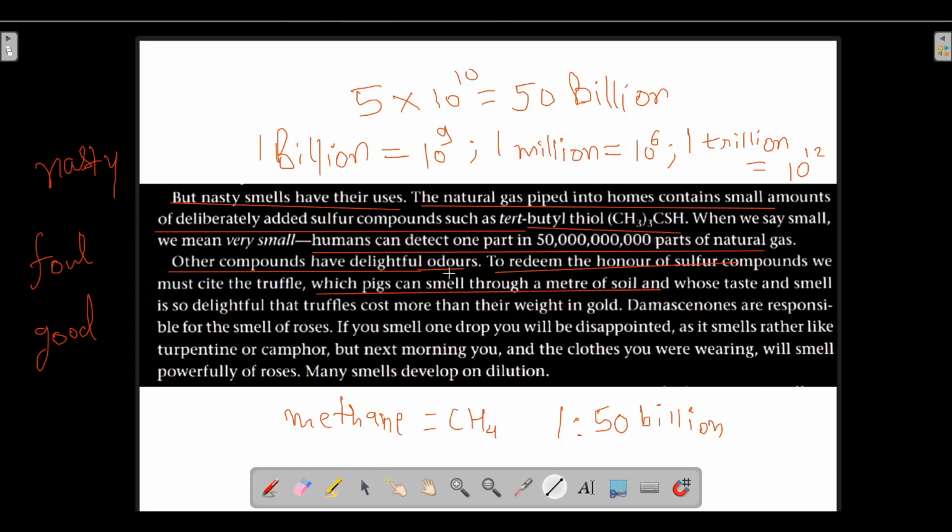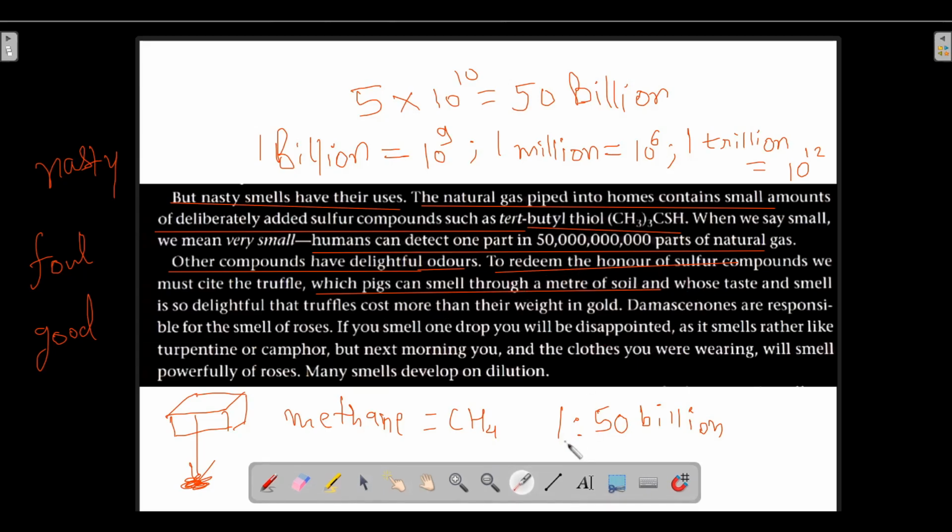So even if the truffle is located 1 meter below the soil, suppose this is your soil, still the pigs can smell the truffle, and they dig the truffle out of the soil because they can smell it even through a meter of soil.